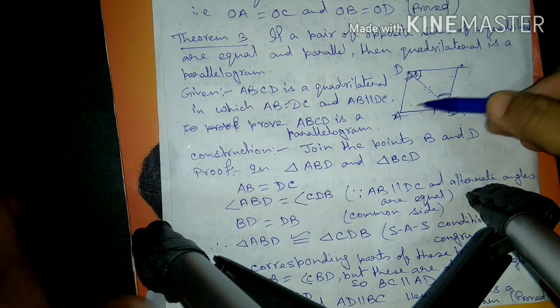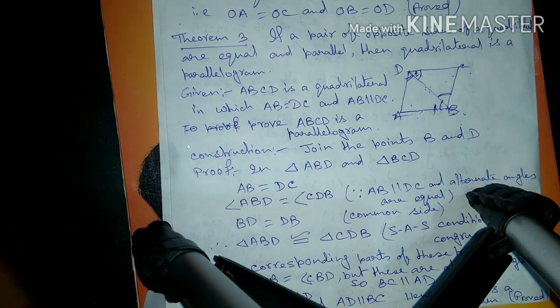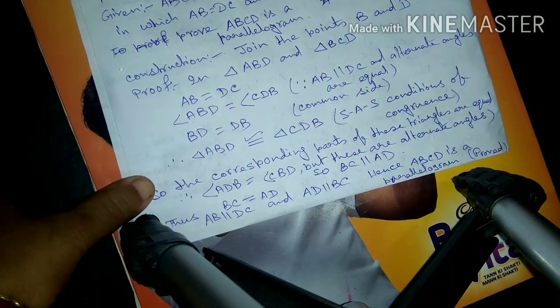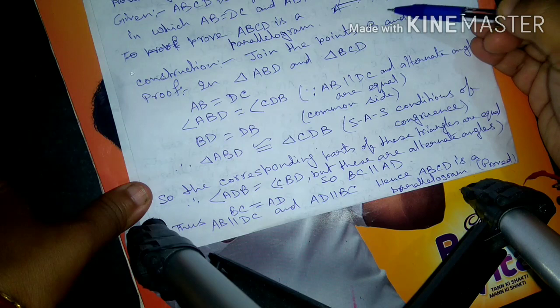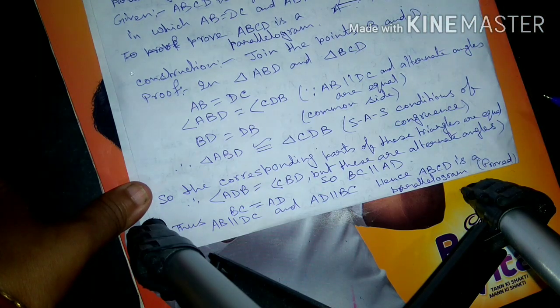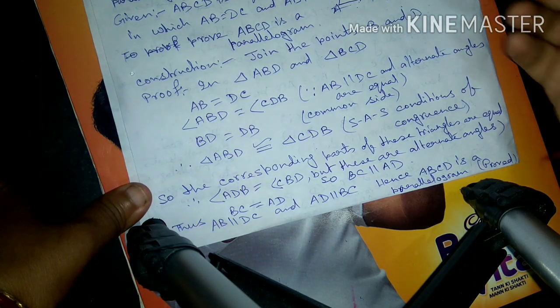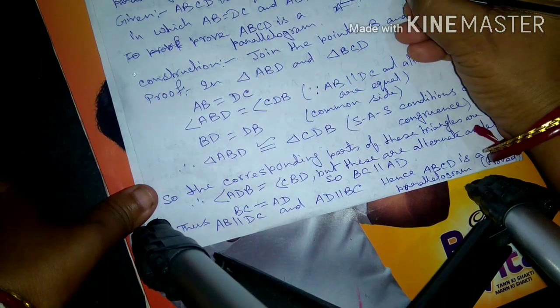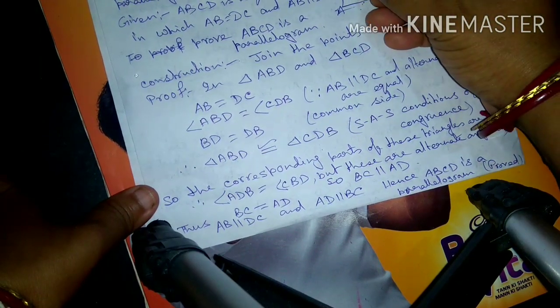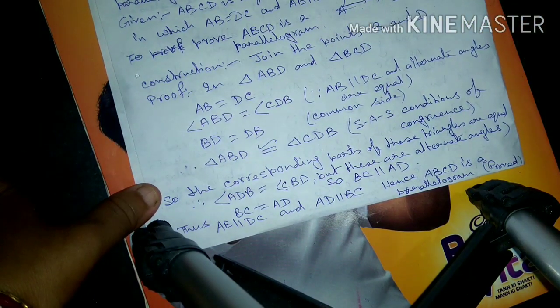Now if these two are congruent, then what comes? Then BC becomes equal to AD. Yes or no? And also angle 3 becomes equal to angle 4.